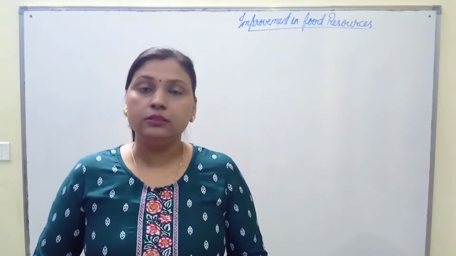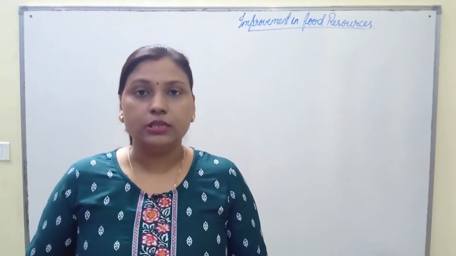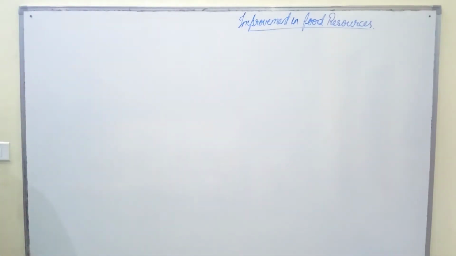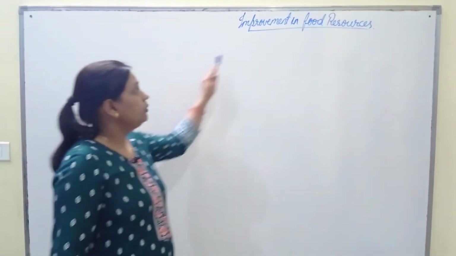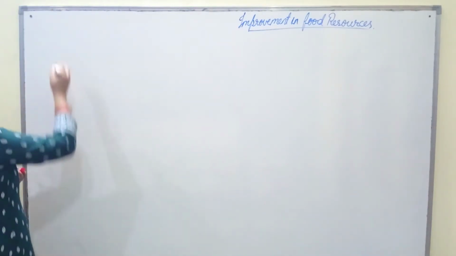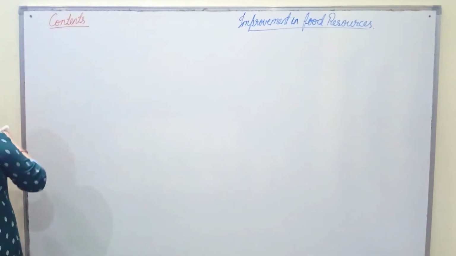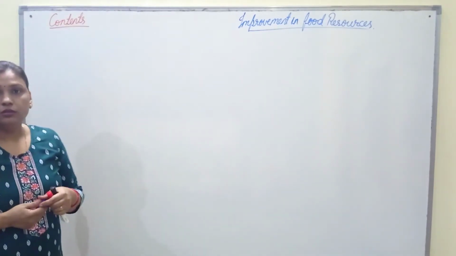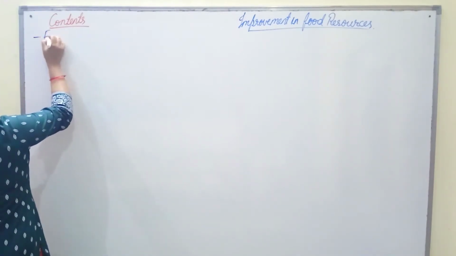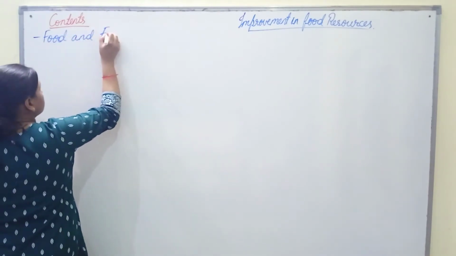Before we begin the explanation, first of all let us go through the contents of the chapter. So let's get started. The name of the chapter is improvement in food resources. So let us first see the contents of the chapter. The first thing that we will discuss in this chapter is food and food resources.